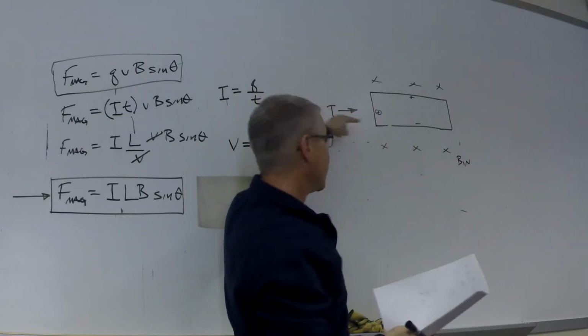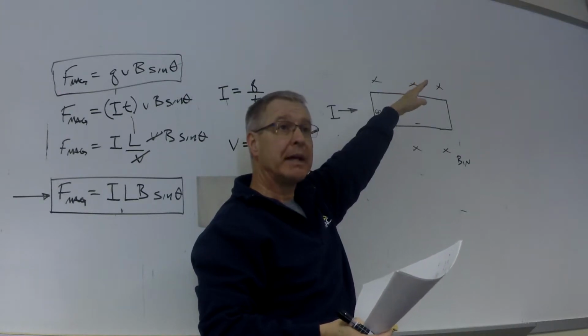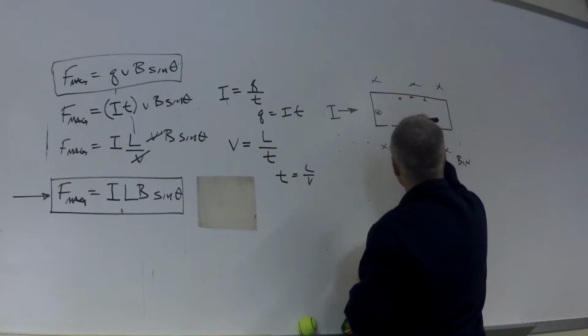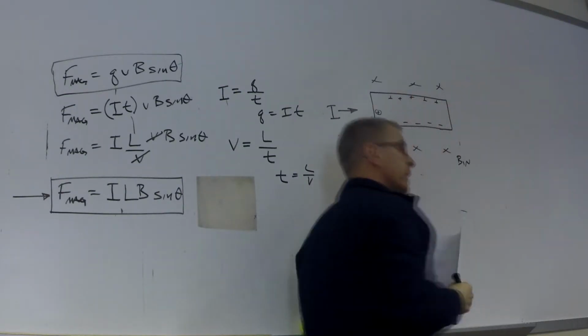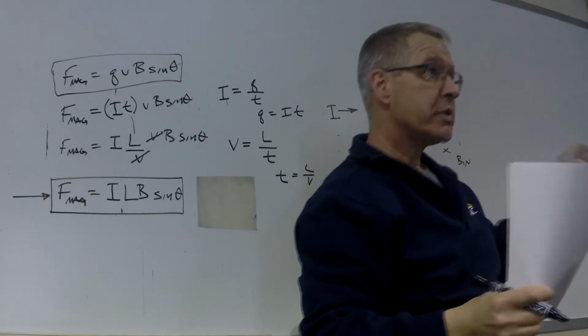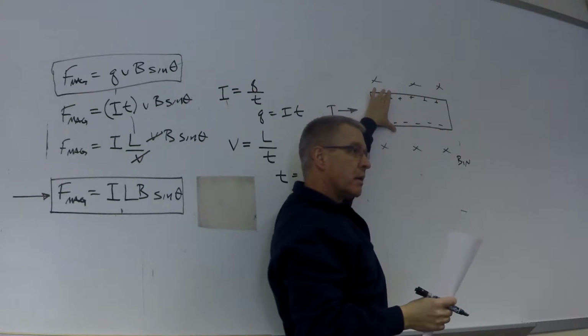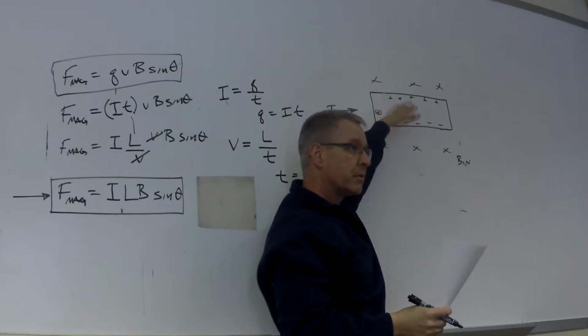So now let's send a second one through. It again gets deflected up by that magnetic force, and we send another one, and another one, and another one. But as we continue to send charges in there, what's happening to the electric field across our strip as we send more and more charges through?